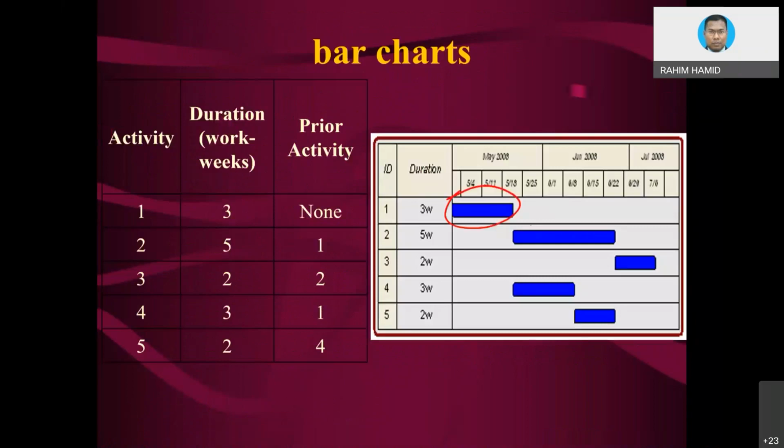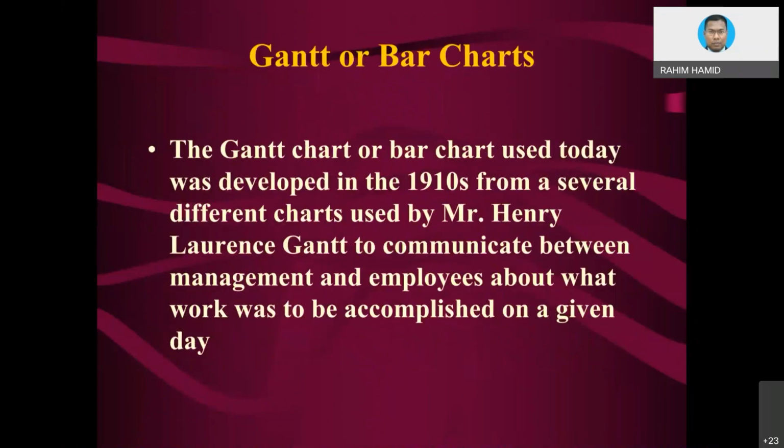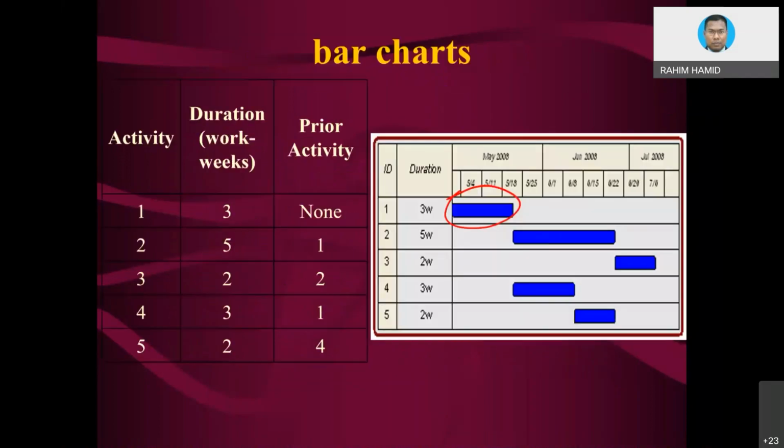The Gantt chart is named after a man called Henry Lawrence Gantt way back in 1910. I think he was a mechanical engineer, if I'm not mistaken. He developed this to solve some of his work in the factory or something like that. But then this was widely adopted in all industries nowadays, because it is very easy to show your work in a simple bar chart or Gantt chart.